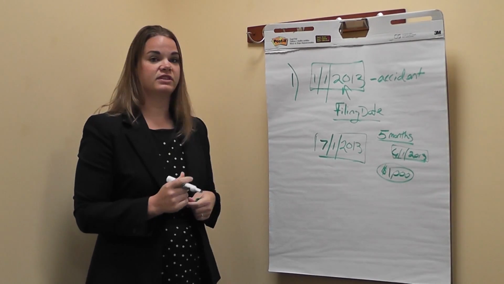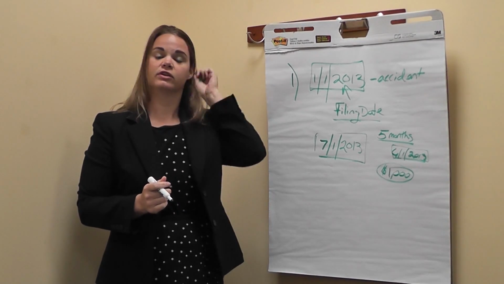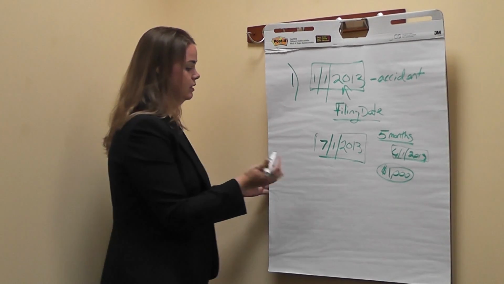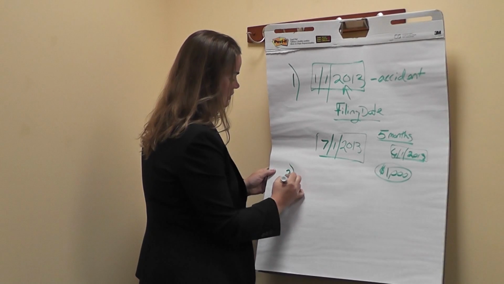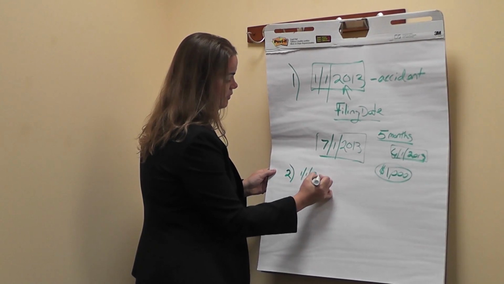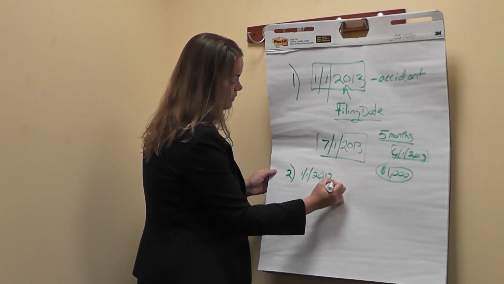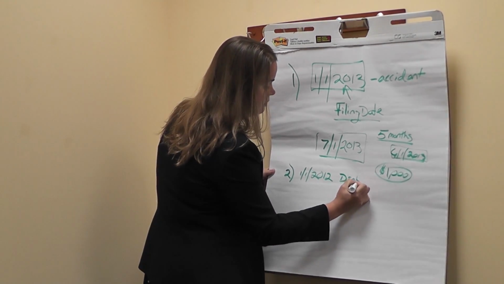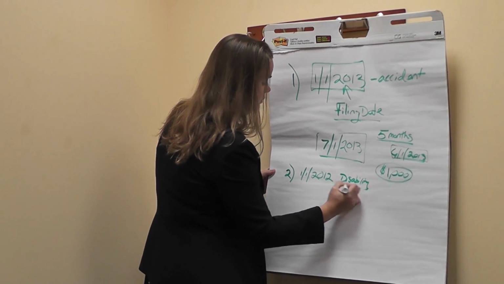So what if we use a different example where your disability began 2 years prior to your filing date? Let's look at it this way. Your disability began January 2012, and we're just going to call this your disability date.